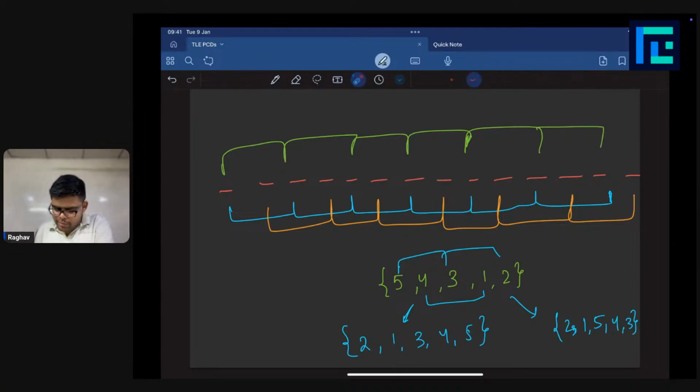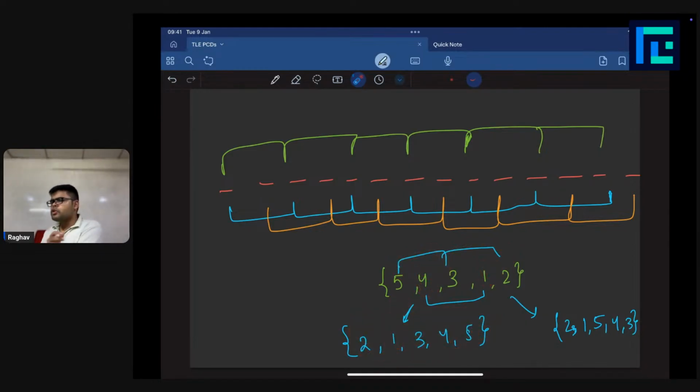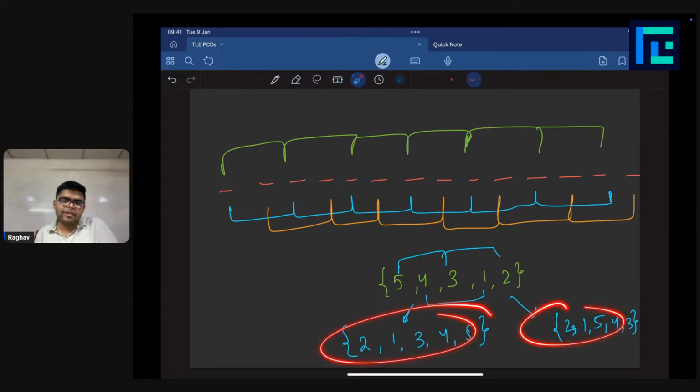Basically, if you just sort these people together, then it will be 2, 3, 5. And if you sort these together, then it would be 1, 4. So either odd and even indices would be sorted properly, or they would be sorted, but the last and last third guy would be swapped with each other. So one of these would be the final answer.